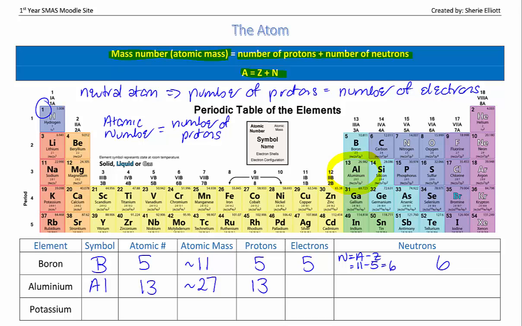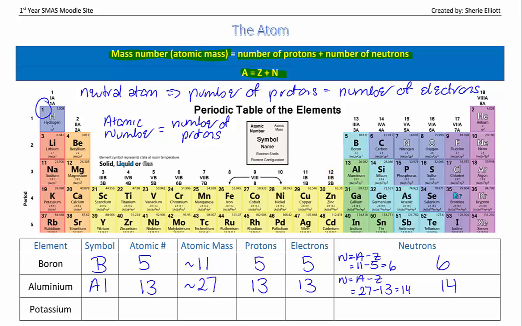Our number of electrons is the same as our protons, so 13. Our number of neutrons is going to be our atomic mass minus our number of protons, so that's going to be 27 minus 13, which is equal to 14. So we have 13 protons, 13 electrons, and 14 neutrons.